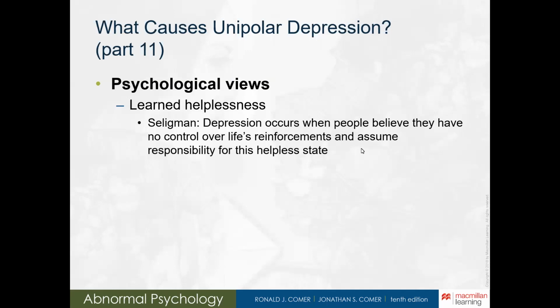Let's talk for a second about learned helplessness. Beck theorizes that there are four interrelated cognitive components that combine to produce unipolar depression. Maladaptive attitudes, again, are self-defeating attitudes that are developed during childhood. They cause upsetting situations later in life and can trigger an extended round of negative thinking.